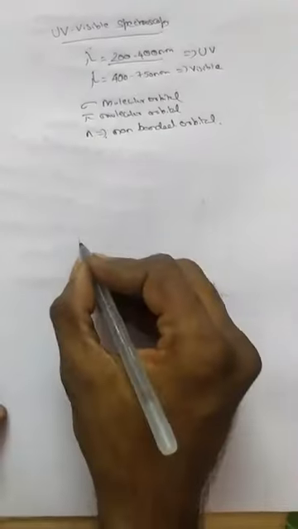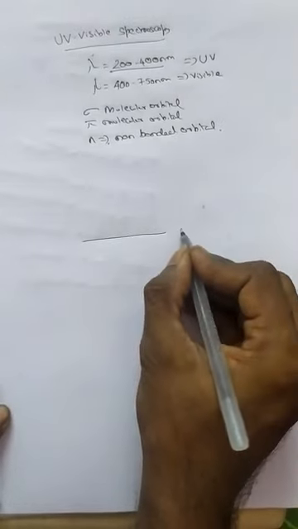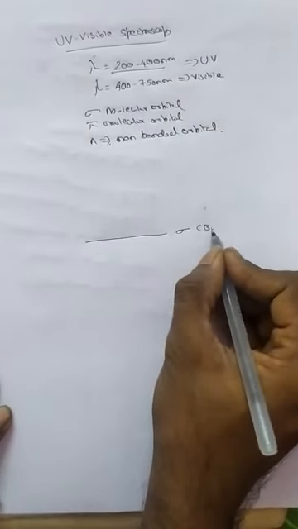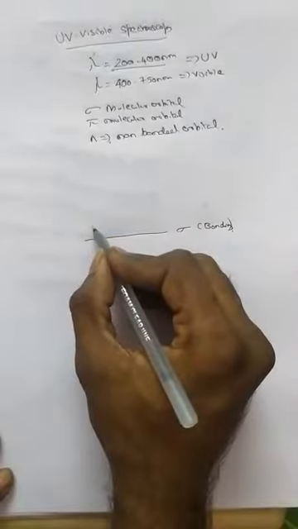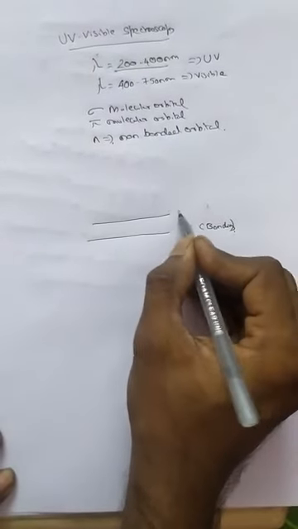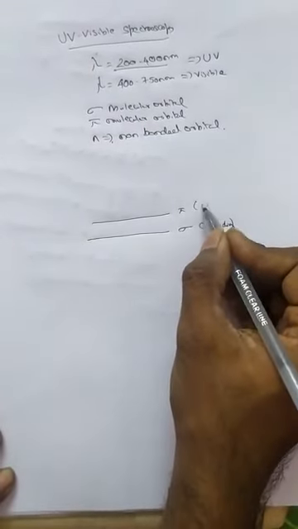In terms of the energy diagram, the sigma bonding molecular orbital will have the least energy, and then pi bonding will have the next energy.